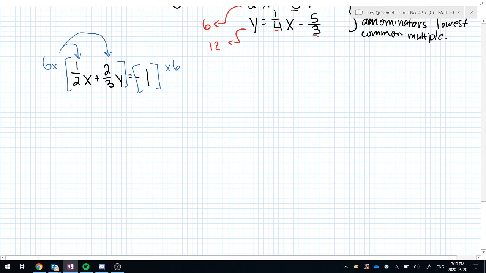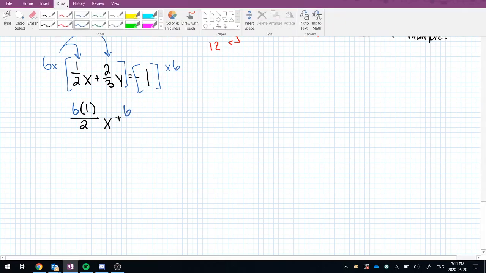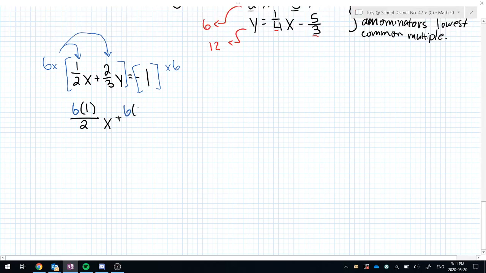So this will be 6 times 1 on the top, plus the 6 here again. This one's got a 2 there, so I'll carry down my 2. That's divided by 3, and then it's the y. And then negative 1 times 6 is just negative 6, right?